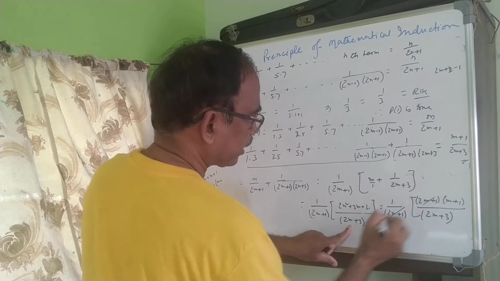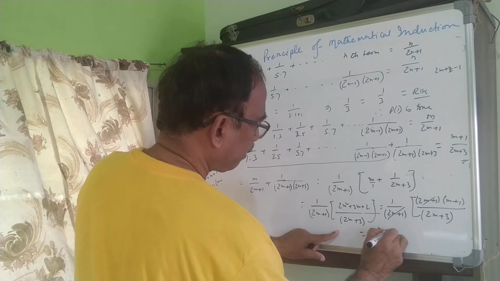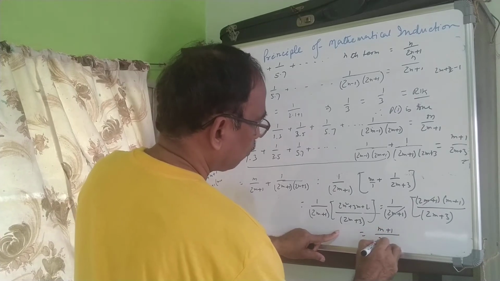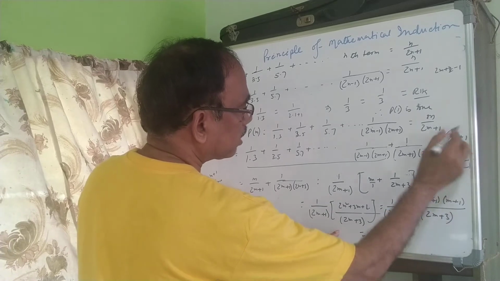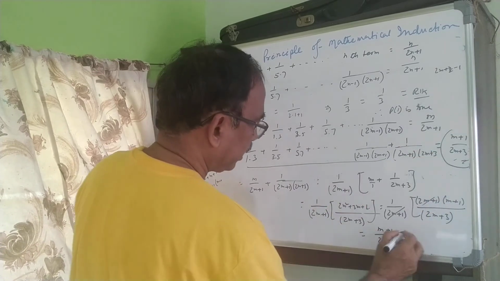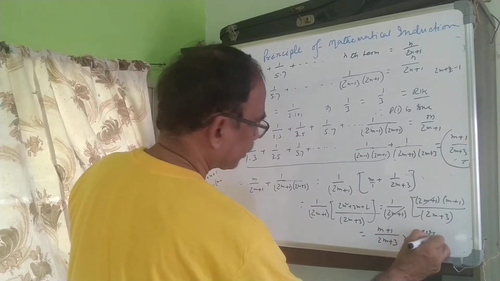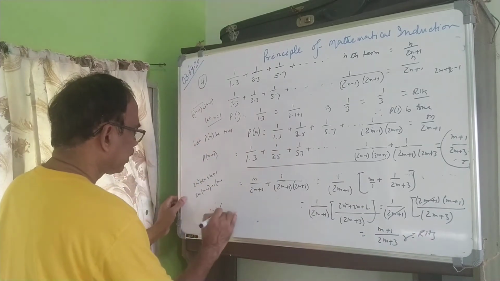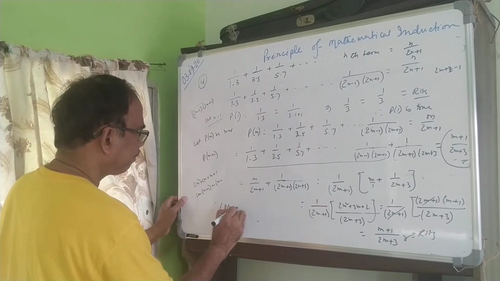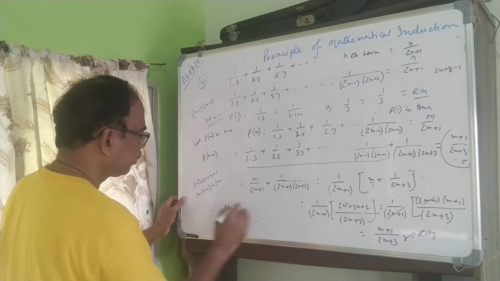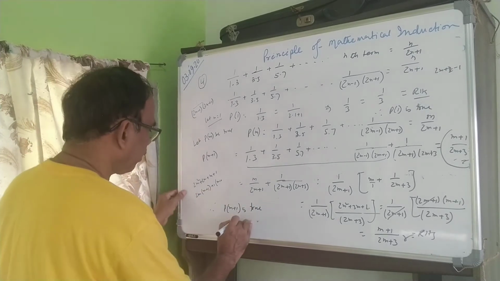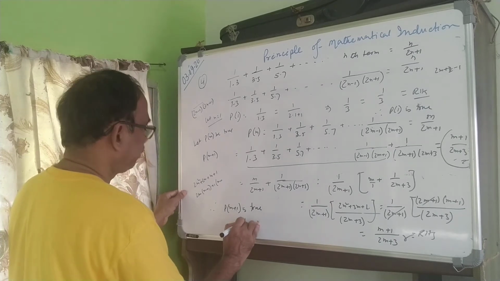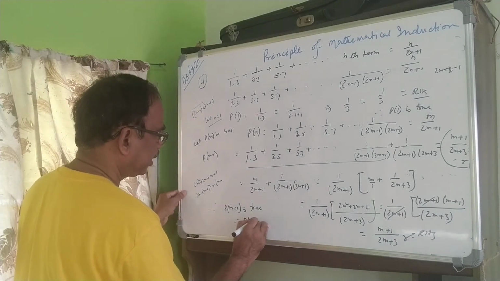2m+1 cancels, that equals (m+1)/(2m+3). We got its value, we got this, hence equals the right hand side. Then P(m+1) is true. P(m+1) is true, therefore P(m) is true.